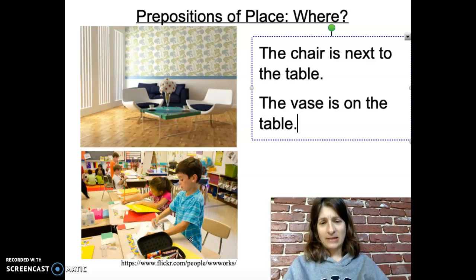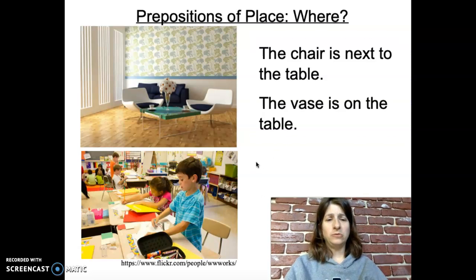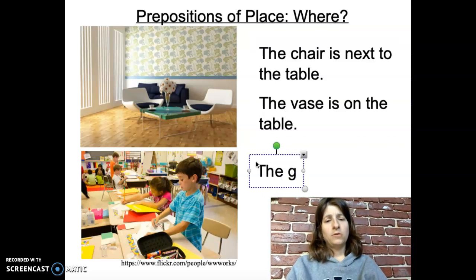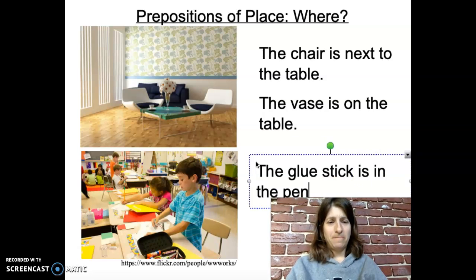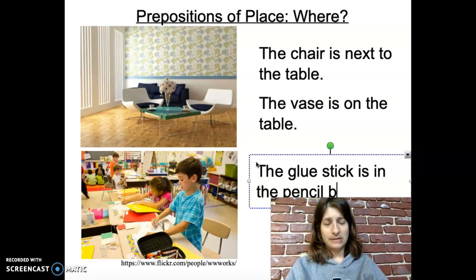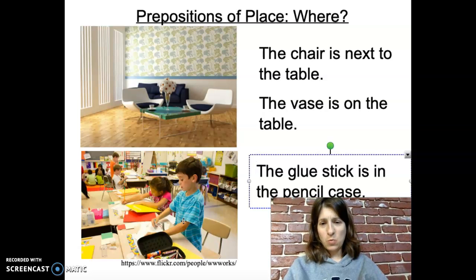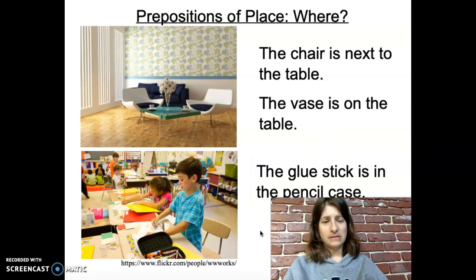Take a look at the classroom picture next. I'm going to take a look here. Oh, this might be hard to see, but there is an orange glue stick there. The glue stick is in the pencil case or the pencil box. That tells me where something is.